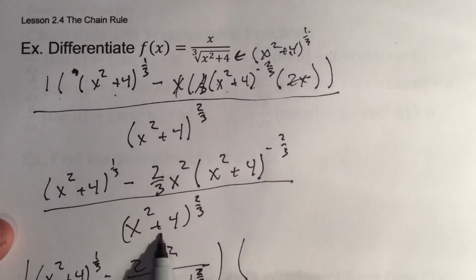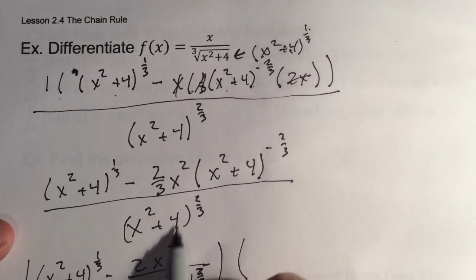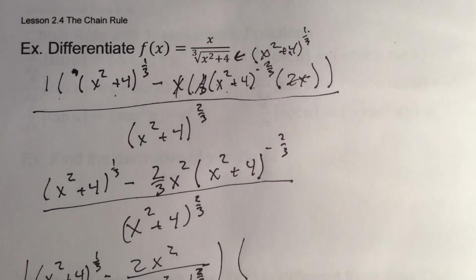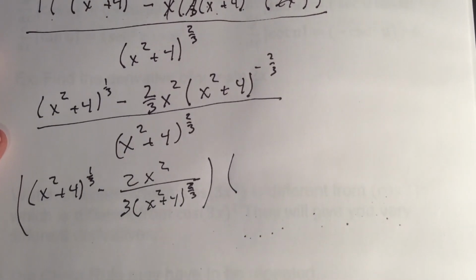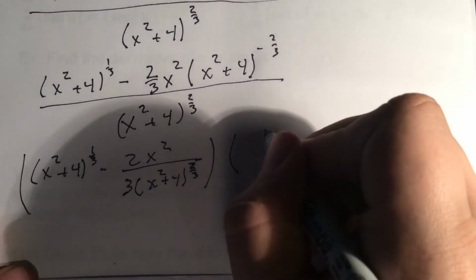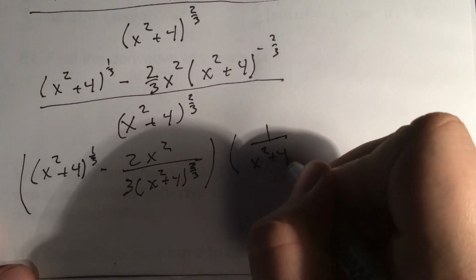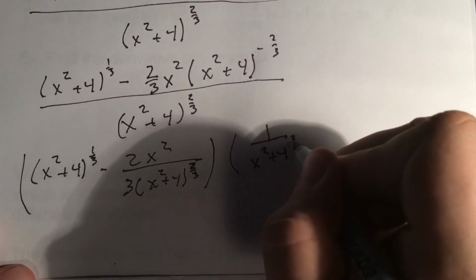So this bottom then, if we're going to change this to multiplication, we're going to flip the bottom over. So this is back to leave change opposite, or leave change flip, that we did when we were multiplying or dividing fractions. So we're going to use that part here. So this is going to become 1 over x squared plus 4 to the 2/3.